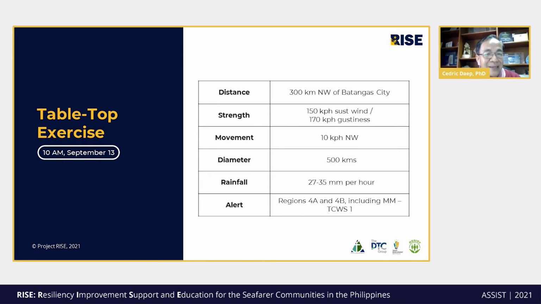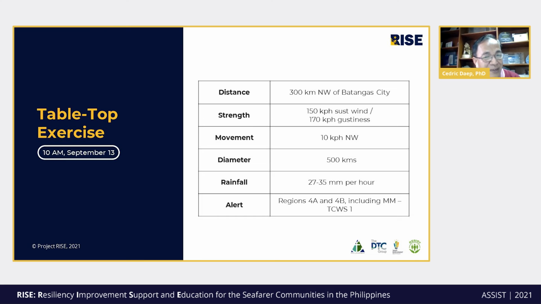All other areas with higher signal are downgraded, where Batangas in region 4A, 4B is now placed under tropical cyclone warning signal number 1. And this is now a typhoon category since its strength is now reduced to a maximum of 170 kilometers per hour.